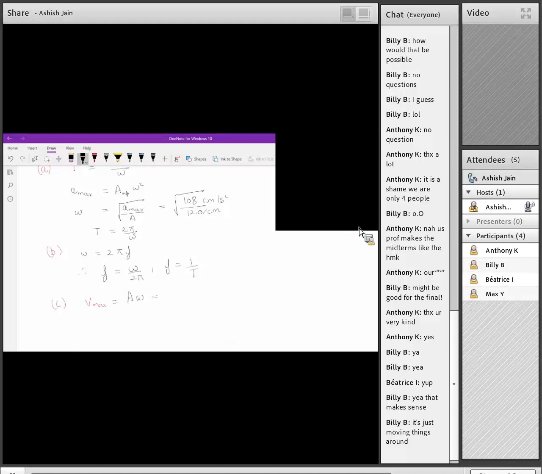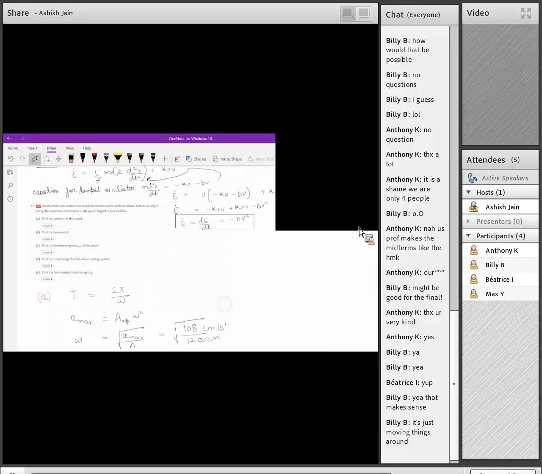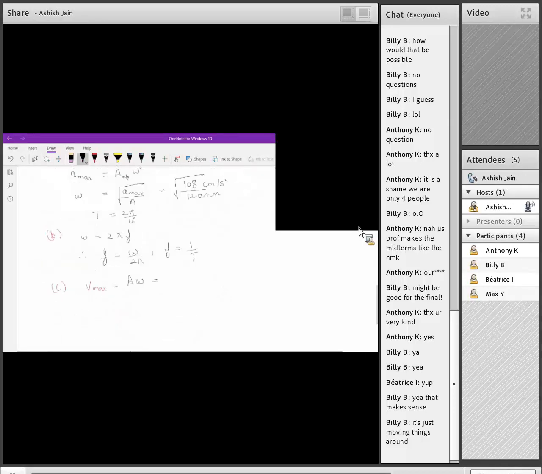A is given as 12 centimeter, the amplitude, and omega we calculated in B part.